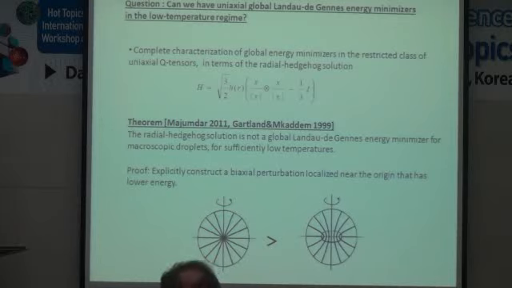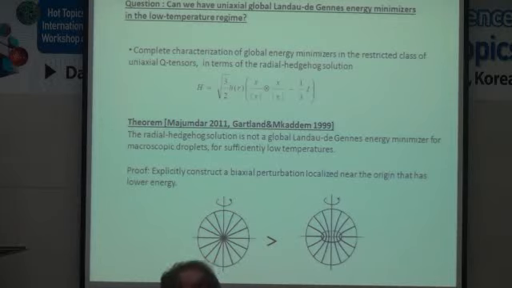So what we have effectively done is obtained a complete characterization of uniaxial equilibria in the restricted class of uniaxial tensors on spherical droplets with radial boundary conditions in the low temperature limit. So we have obtained a complete characterization in terms of the radial Hedgehog solution in the low temperature limit.